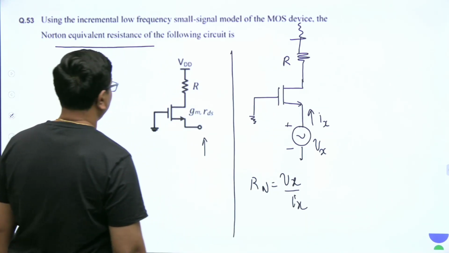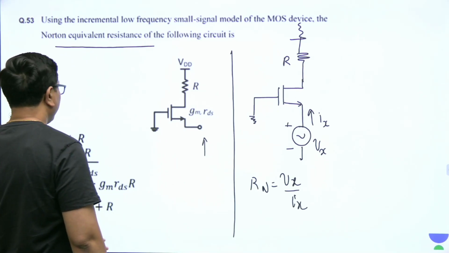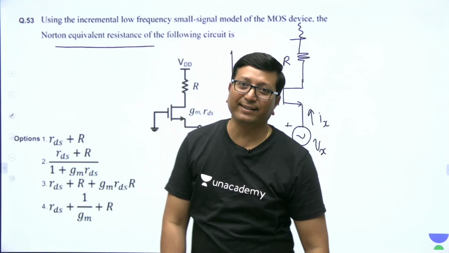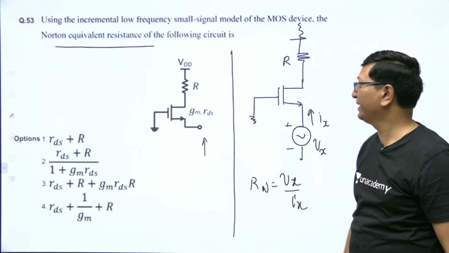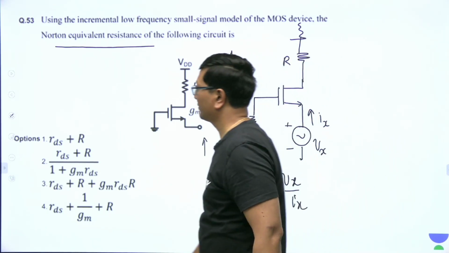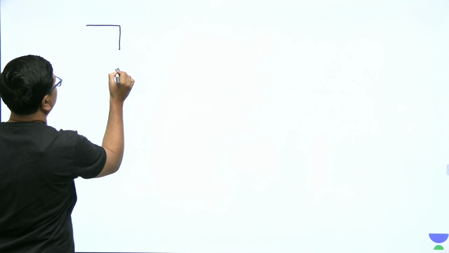Next, gm and rd are given. Then let us replace the MOSFET by its AC equivalent circuit. With respect to AC, what do we get? Further, I can take the circuit like this.